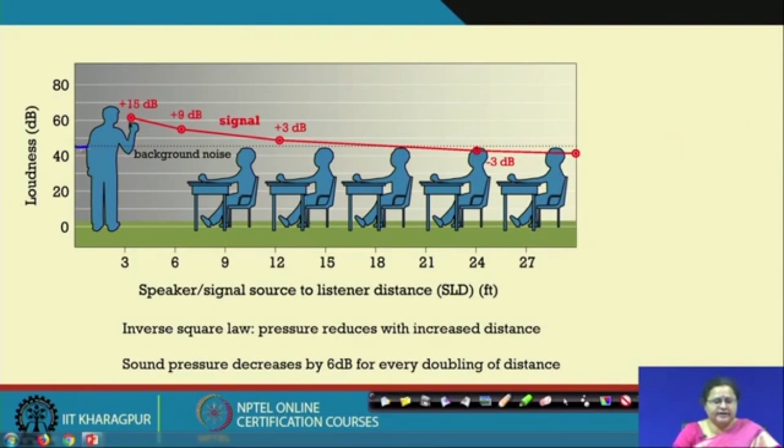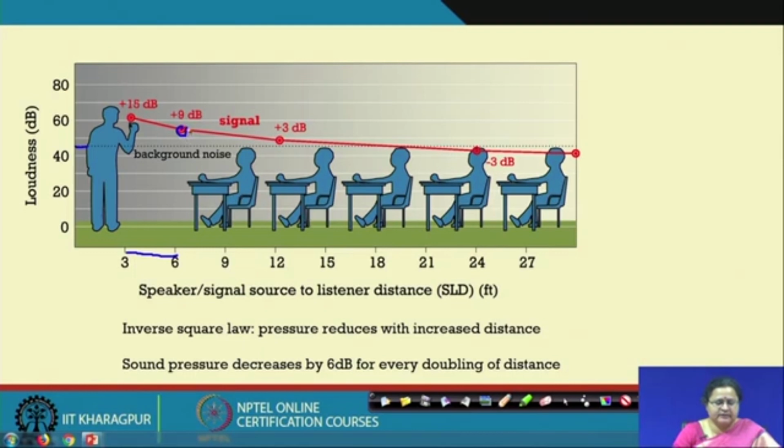That is a continuous noise, which is the reverberant sound and the background noise. And see the instructor, who starts from around 60 dB. So, there is a big gap, and the signal to noise ratio is expected to be satisfied. What happens as there is a movement from 3 feet to 6 feet? 15 dB drops to 9 dB.